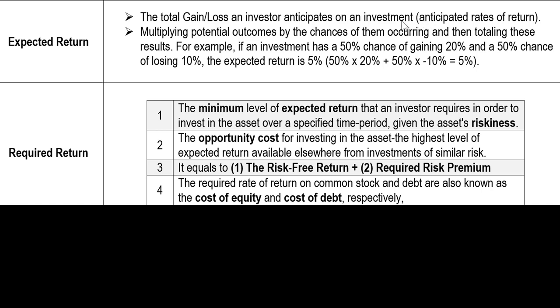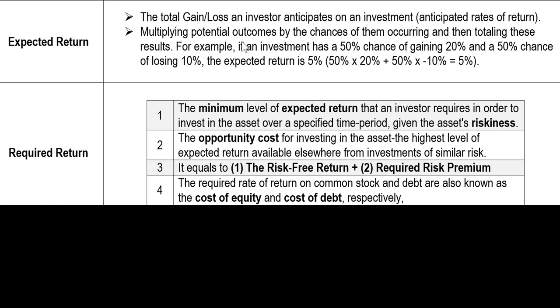Statistically, the expected return is the probability weighted average of future return. The future return here means total gain and loss, which means the return from income as well as from capital appreciation.